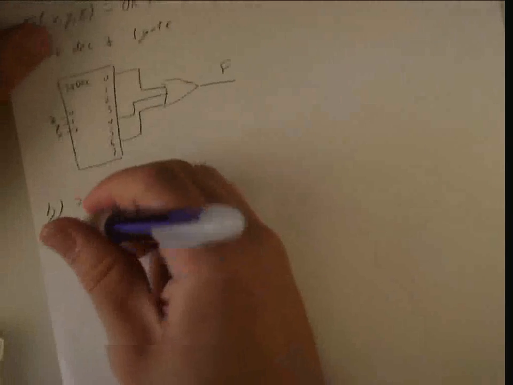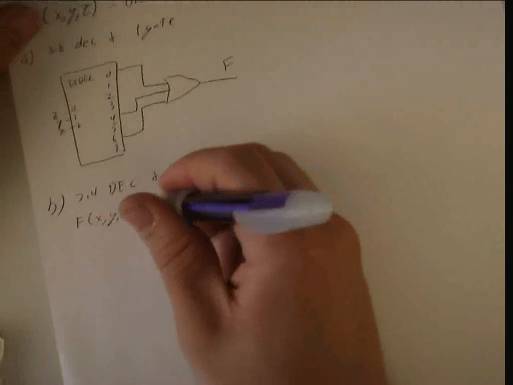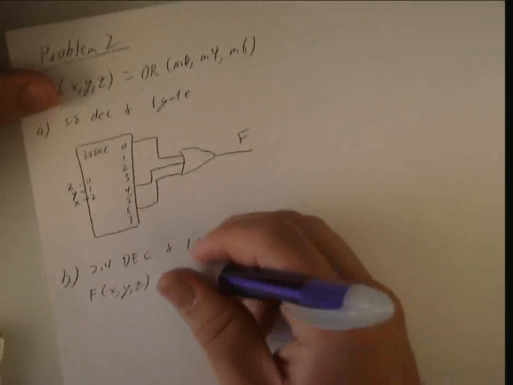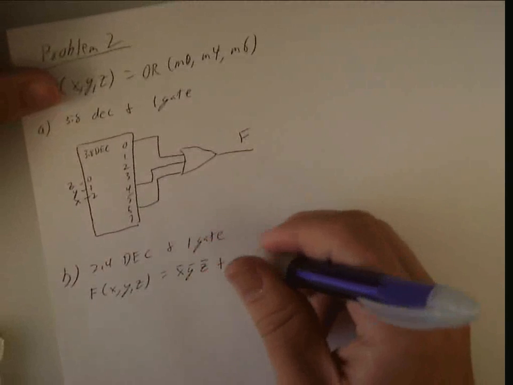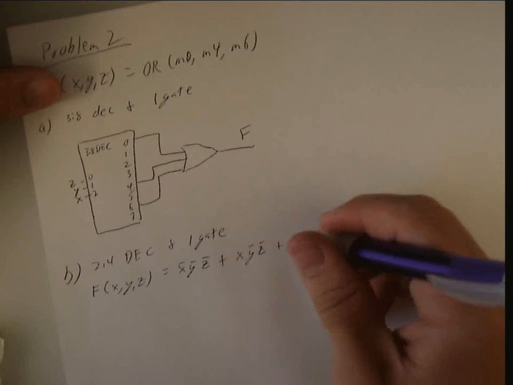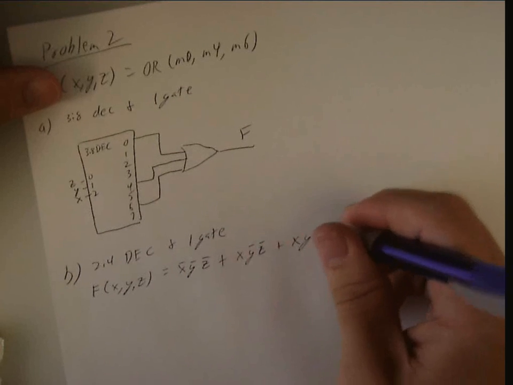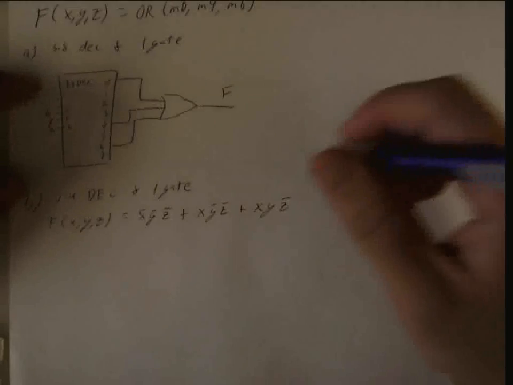So f of x, y, z is equal to x bar, y bar, z bar, or x, y bar, z bar, or x, y, z bar. So I need to come up with an intelligent way to group these together, and hopefully I find something ingenious.